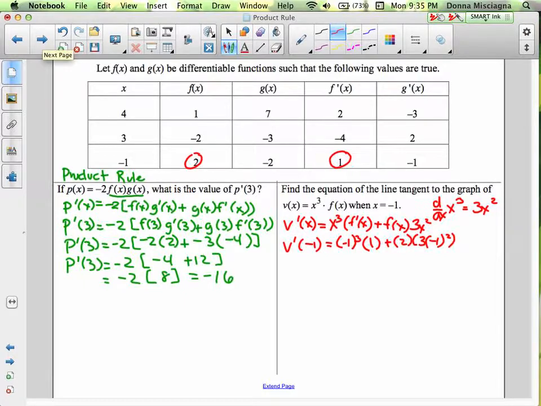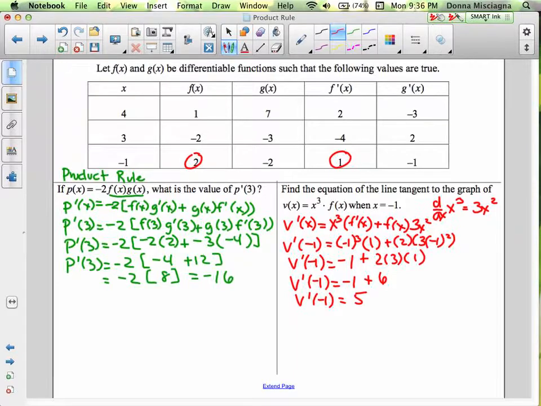There we go. So v prime of negative 1 is going to be negative 1. Right? Negative 1 cubed times 1 is negative 1. And then plus, that's going to be 2 times 3 times 1. And so that's just going to be a 6. So v prime of negative 1 equals negative 1 plus 6, which is 5. So all of these were slopes.